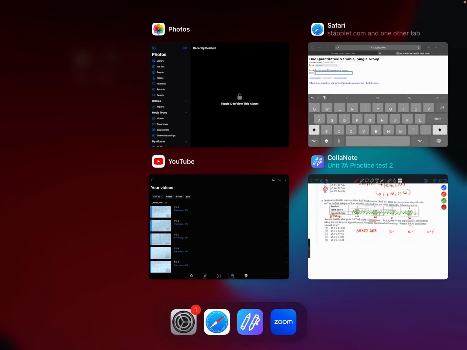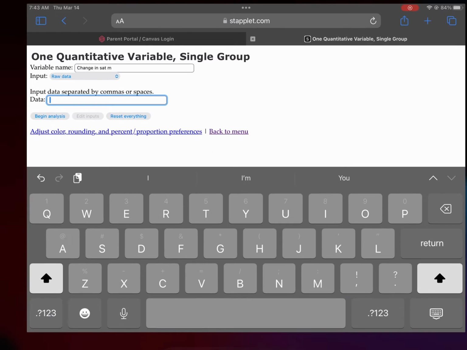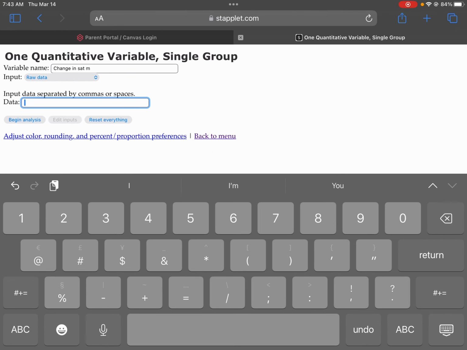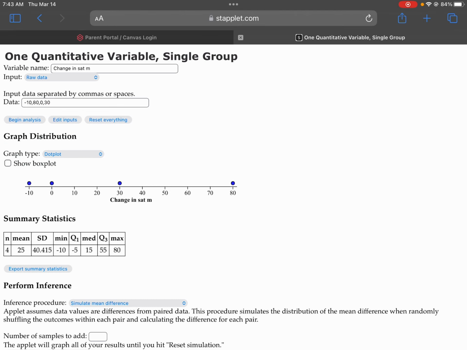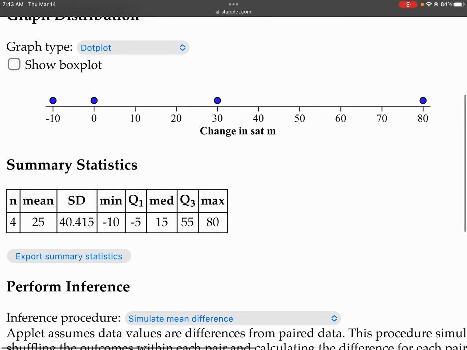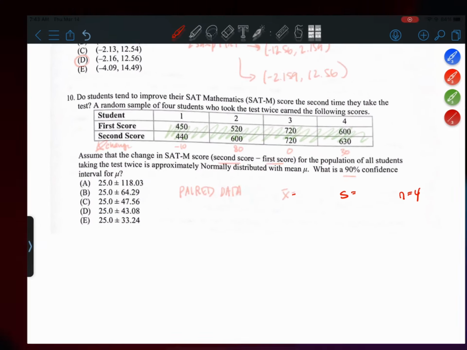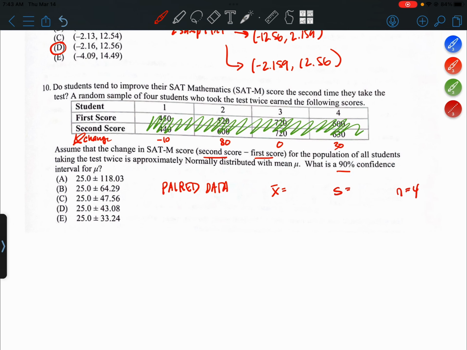The values were -10, 80, 0, 30. So the mean score is 25 and the standard deviation is 40.4.